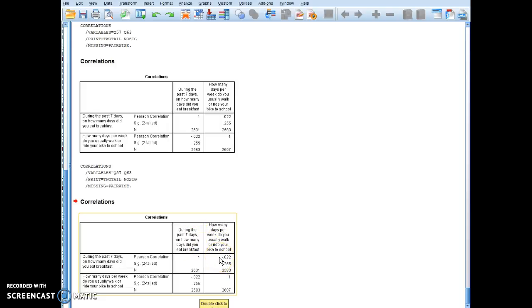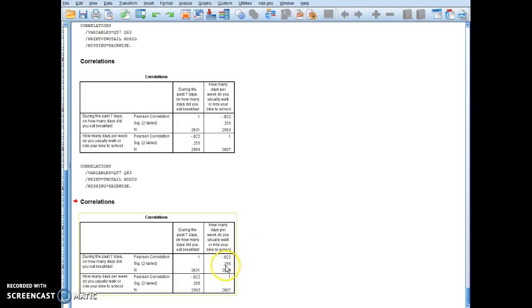Which means that the number of days per week a student walks or bikes to school has nothing to do with whether or not the student eats or skips breakfast. Therefore, we accept the null hypothesis and reject our research question.